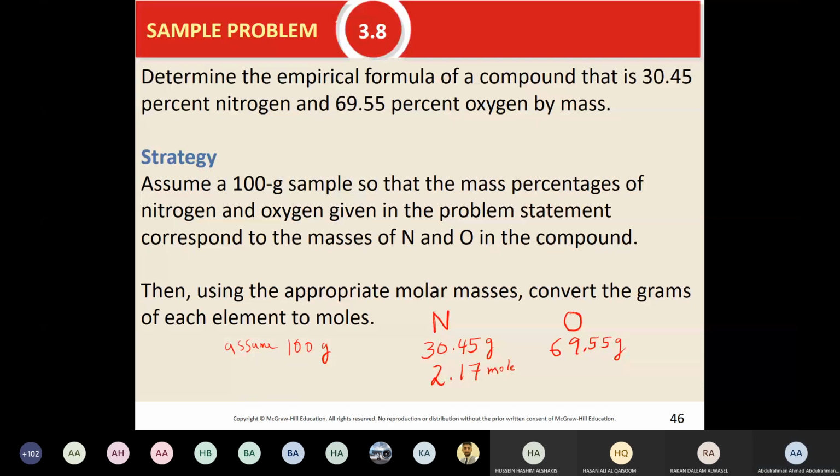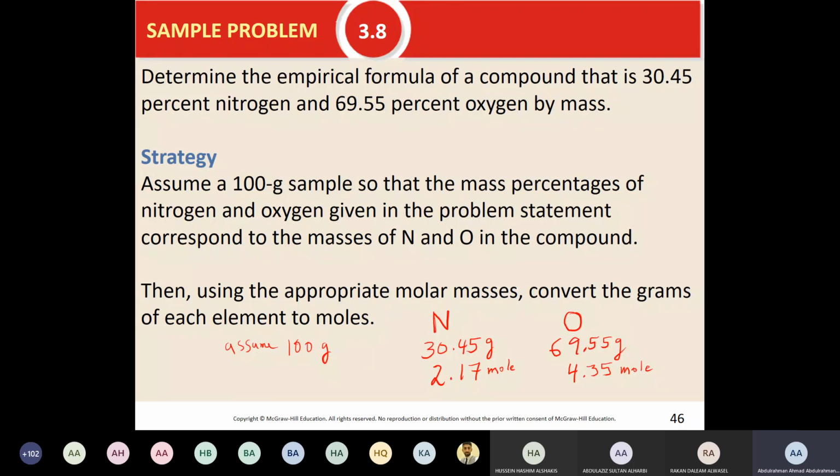Good? Okay. How about oxygen? What do you have? 4.35. Exactly. Okay, and here, what's this? Mole. Then divide by the smallest number.